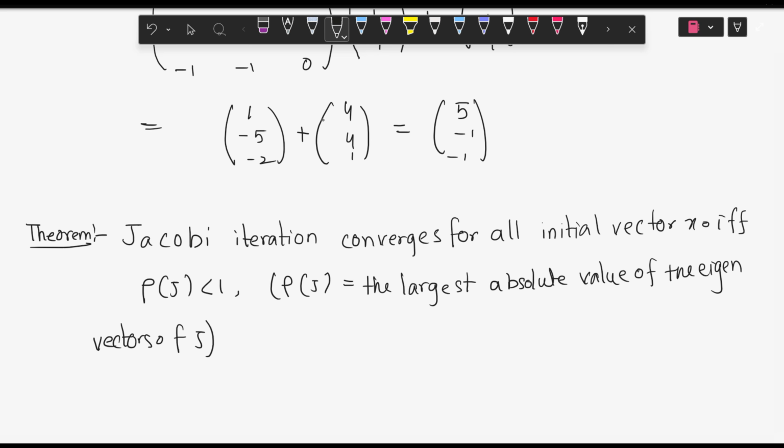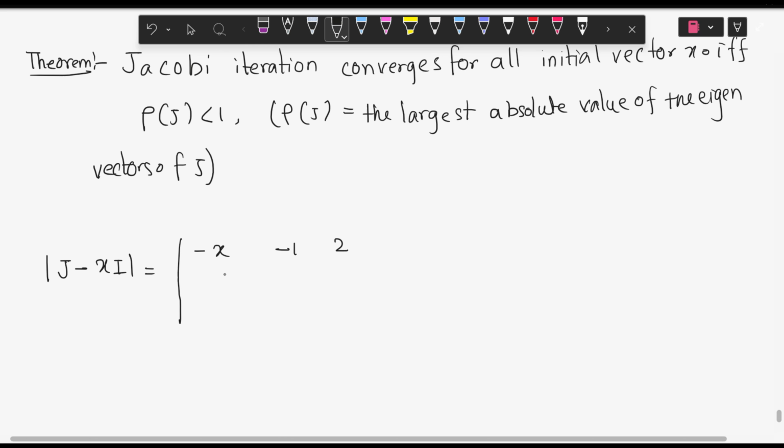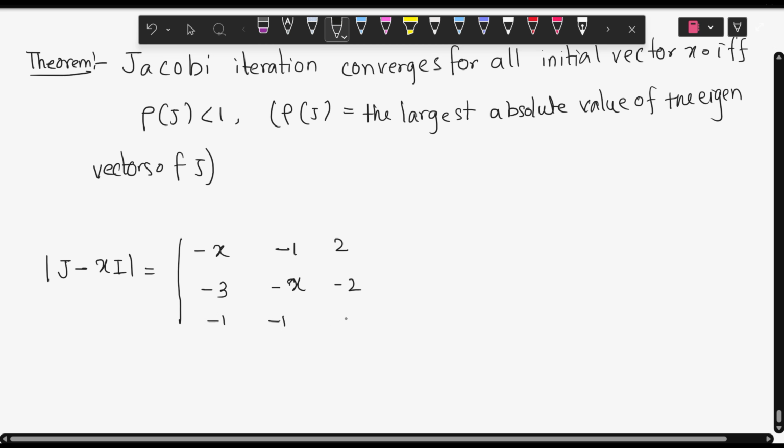So now we just need to calculate the eigenvalues of J. For this purpose, we first need the characteristic polynomial of the matrix J. Let's find the determinant of J minus lambda I, that is the determinant of minus lambda minus 1 2, minus 3 minus lambda minus 2, minus 1 minus 1 minus lambda.